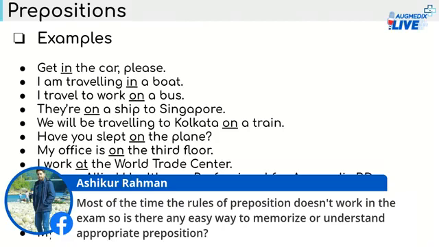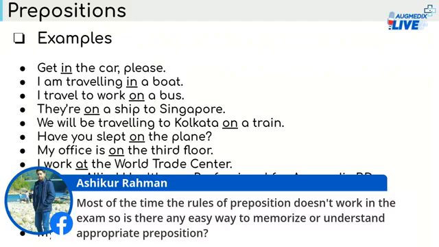However, like I've already said, there are no fixed criteria for prepositions, except some, like, of course, before exact times we put at. For road numbers, we put on. For areas, we put in. For cars, we put in. For buses, we put on, right? However, the best way to actually learn prepositions is, of course, to read English as much as possible, like I said already, right?